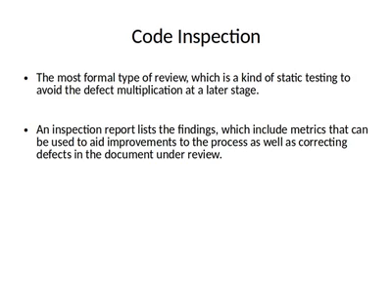A code inspection report lists the findings, which include metrics that can be used to aid improvements to the process as well as correcting defects in the document under review.